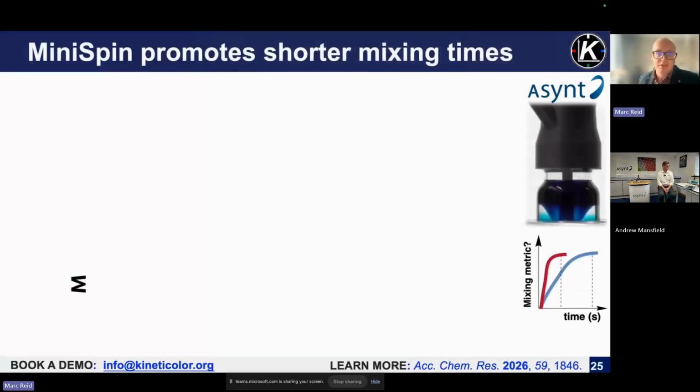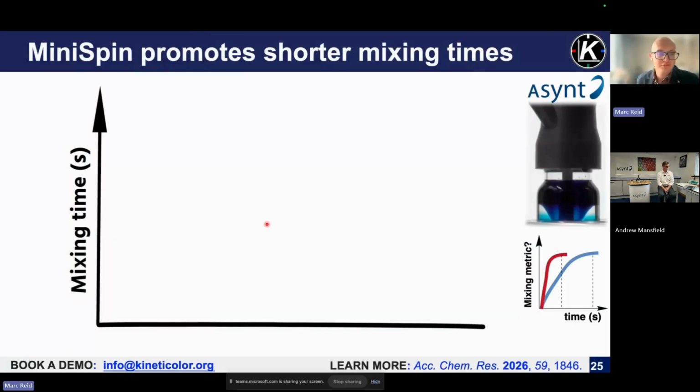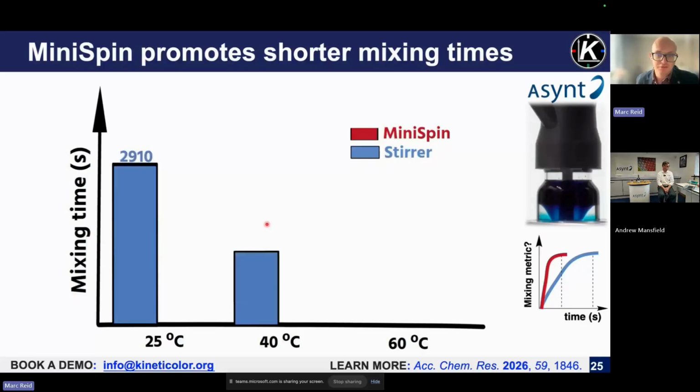When we summarize what we did on a grander scale of the full suite of reactions and dye injection processes that we looked at here, when we compare the mixing time for the mini spin system versus the equivalent stirrer bar system, we saw that across temperatures, the stirred system had much longer mixing times than for the equivalent case in the mini spin, and all things become equal when we get to higher temperatures where the viscosity impact of the deep eutectic solvent is minimized.